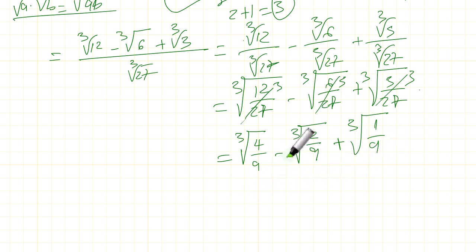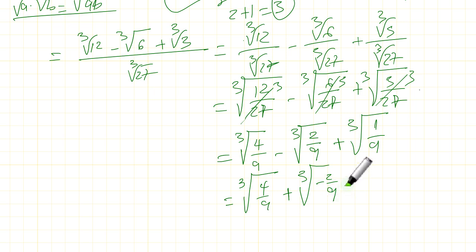So from here guys, this is a negative sign here, we can put it inside, right, because we can rewrite this as cubic root of 4 over 9 plus cubic root of, this one goes inside as a negative, so we're gonna have minus 2 over 9, and then plus cubic root of 1 over 9.